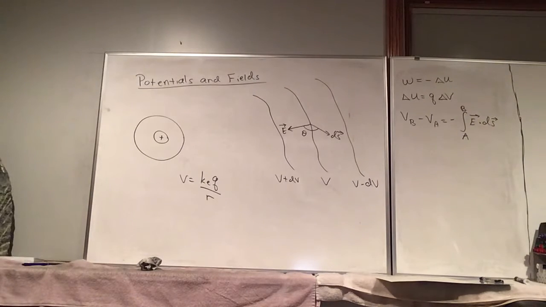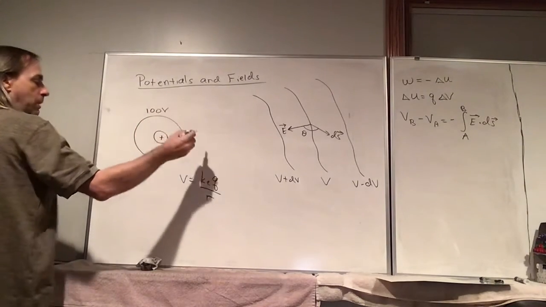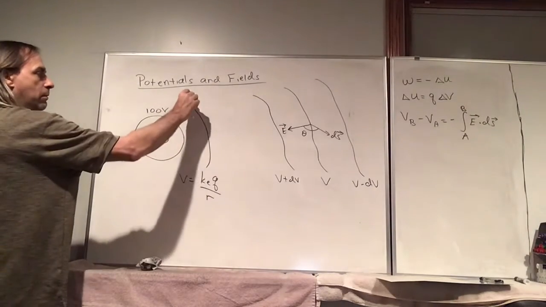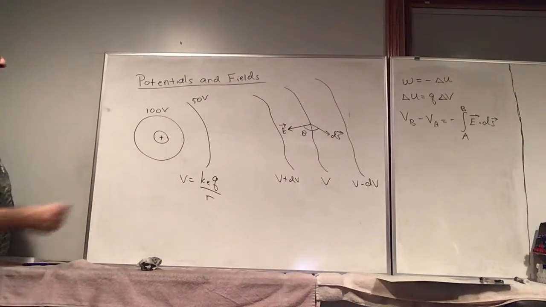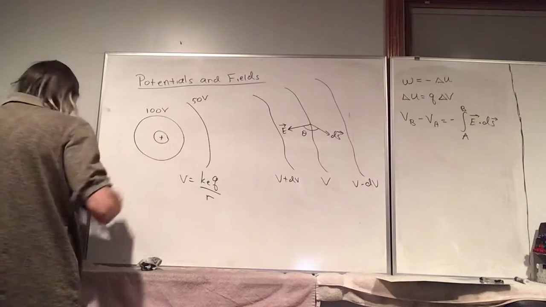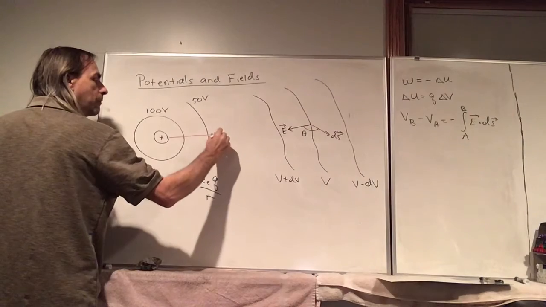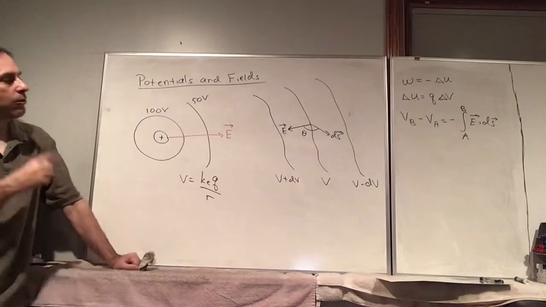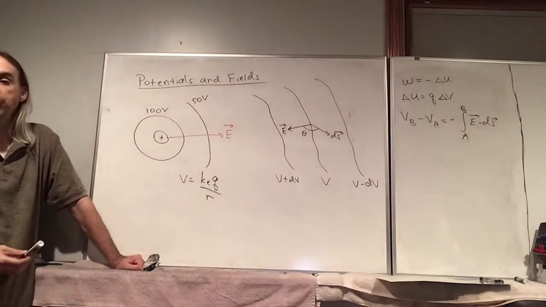We're just drawing a cross section, so it's a circle. And let's say this is 100 volts. Then if we go to a larger radius, r is bigger, so the potential is smaller. And so we have this positive, and if we draw the electric field, use a different color for that, we can see that our electric field is going from high potentials to low potentials.